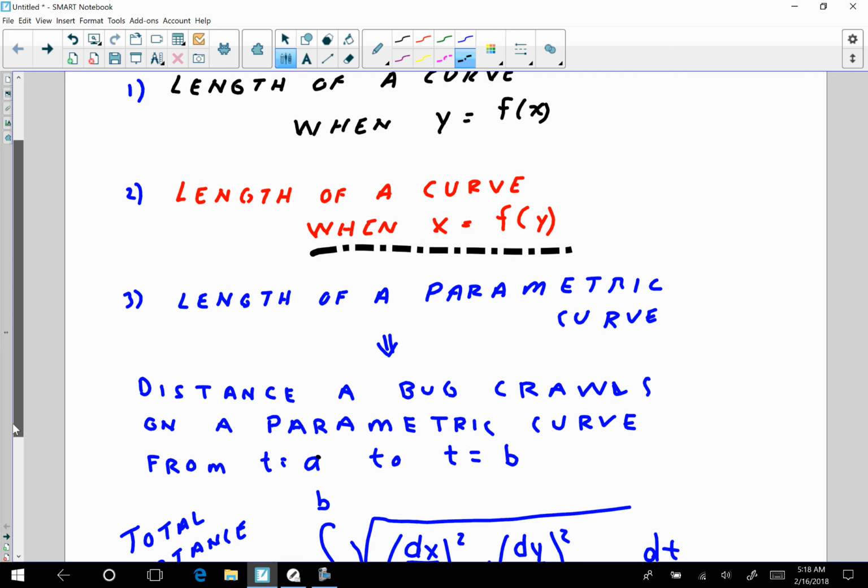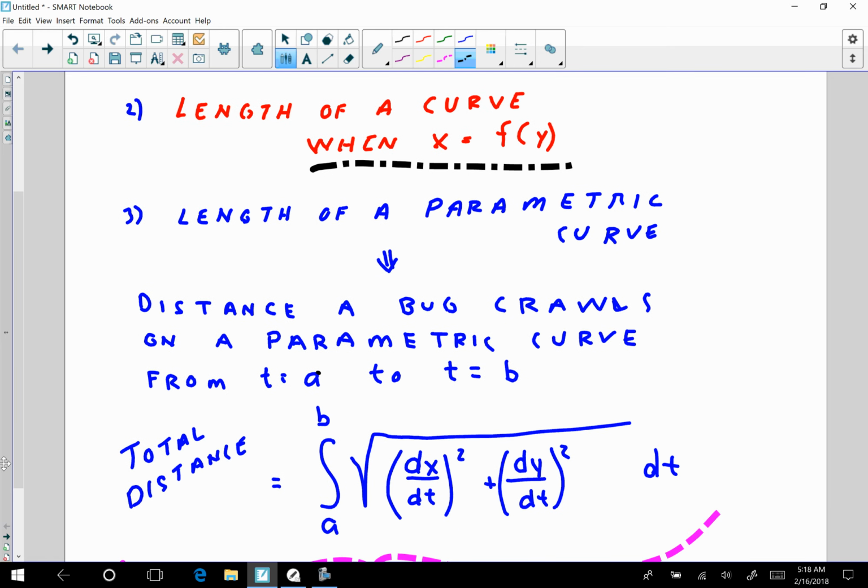Well, we've talked a lot about the distance traveled on a parametric curve from t equals a to t equals b, and we certainly have discussed this formula quite extensively.